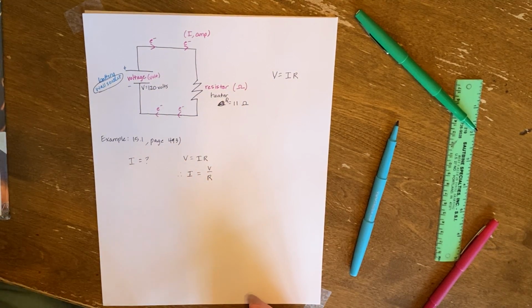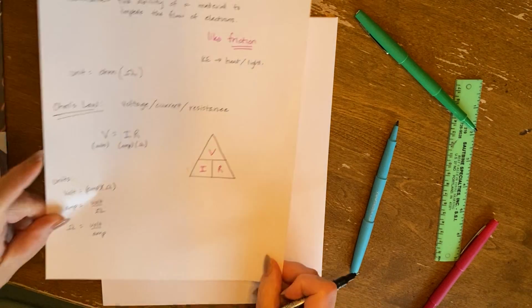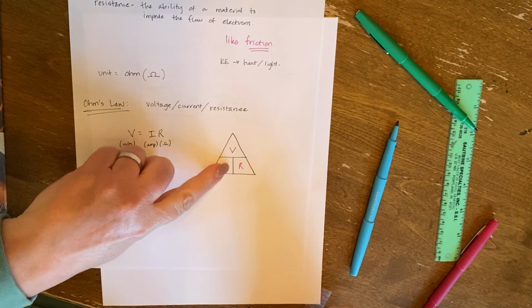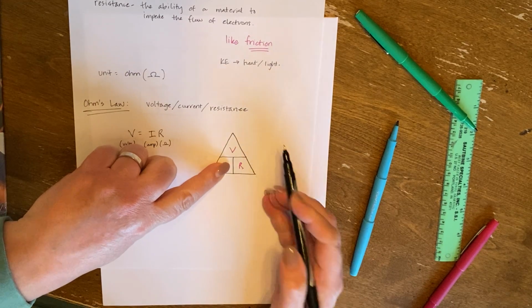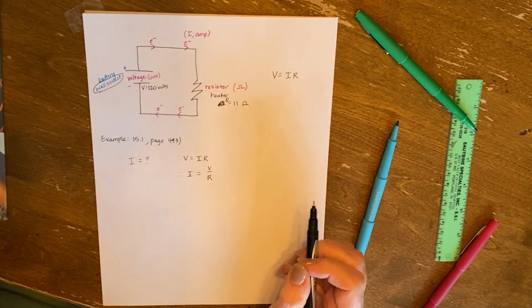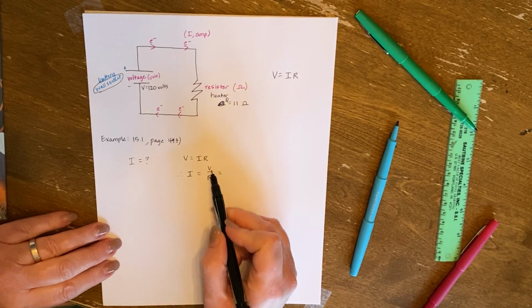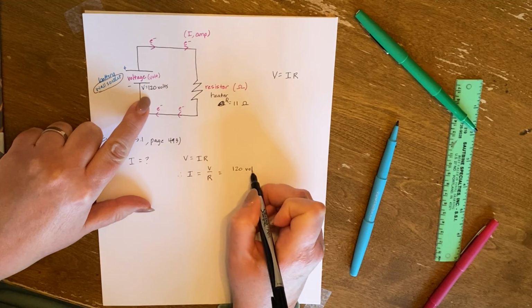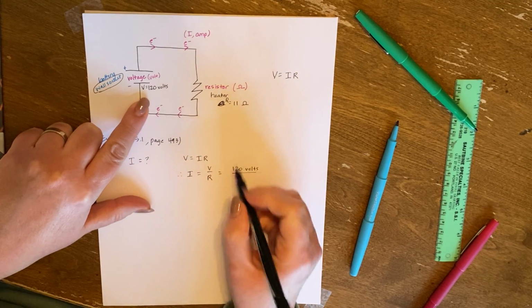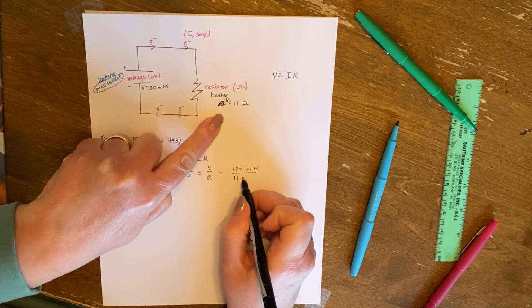If we come back to this triangle, we're trying to solve for I, so we cover the I up. I equals V over R, voltage over resistance. We know both of these values. We know the voltage is 120. We know the resistance is 11 ohms.